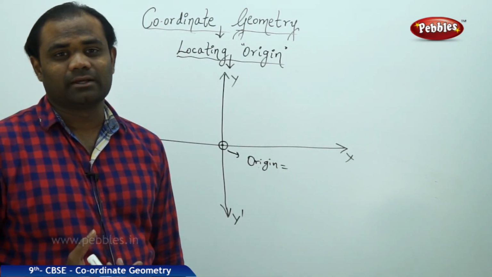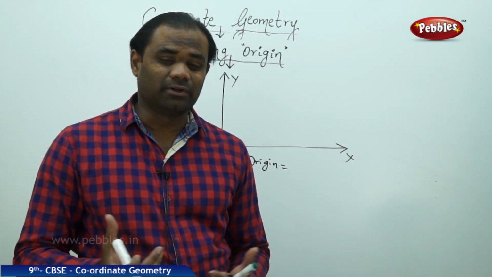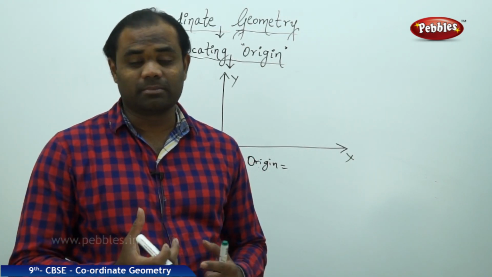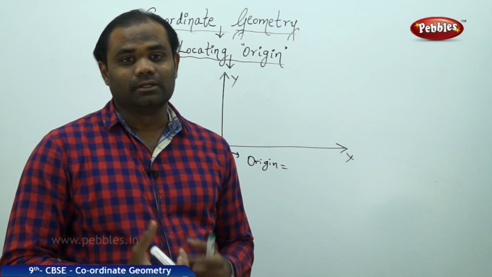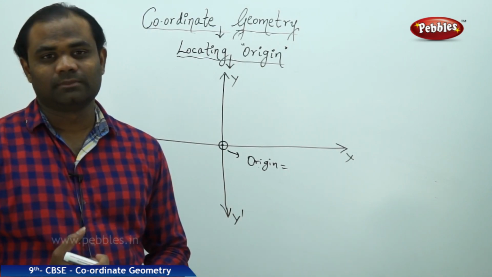It lies in the plane at some position. So what are its coordinates? What is its x coordinate and what is its y coordinate is the biggest question in the Cartesian system.